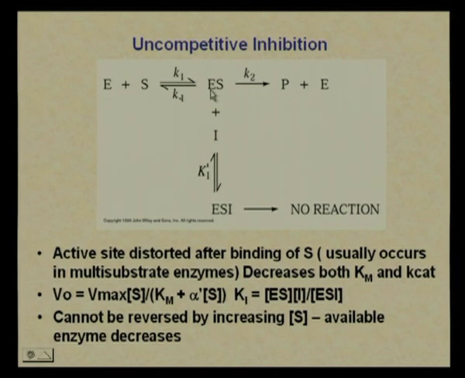When we have ES here, ES plus I will give you the ternary complex ESI and there is no reaction. It usually has an effect on the Kcat value where your Vmax is decreased. Why does this Vmax decrease? Because the available enzyme actually is decreased.